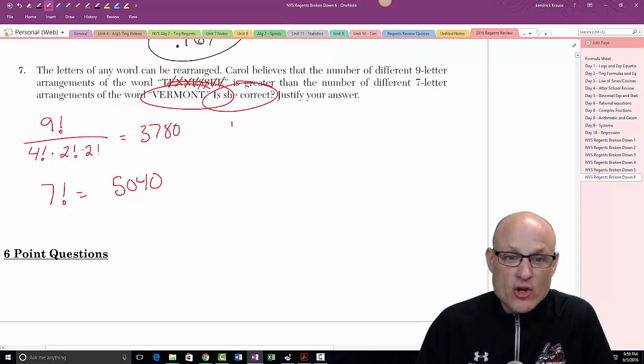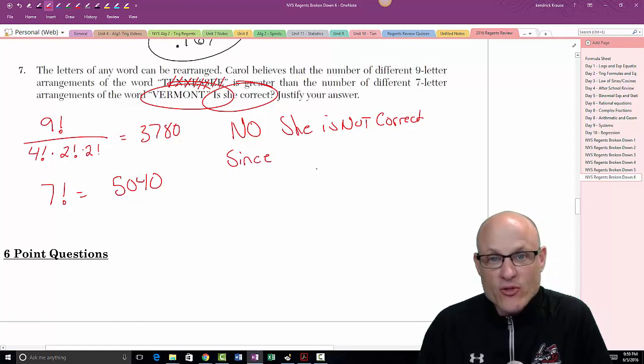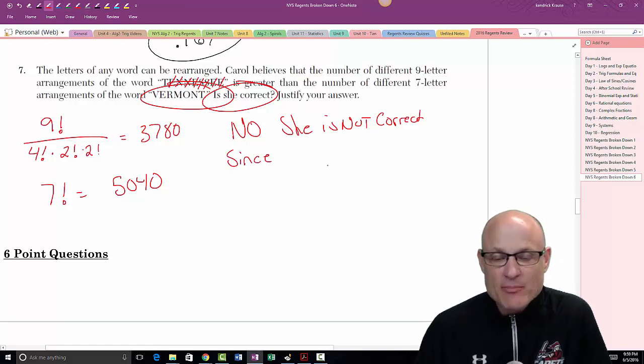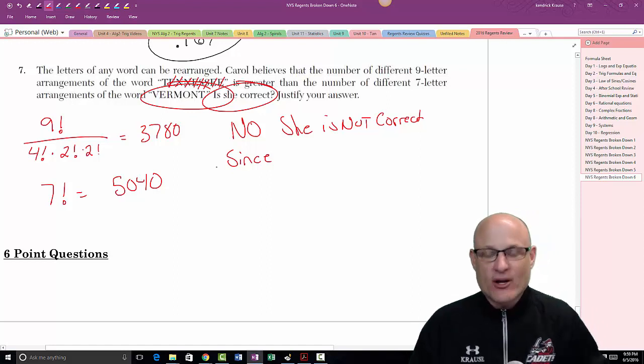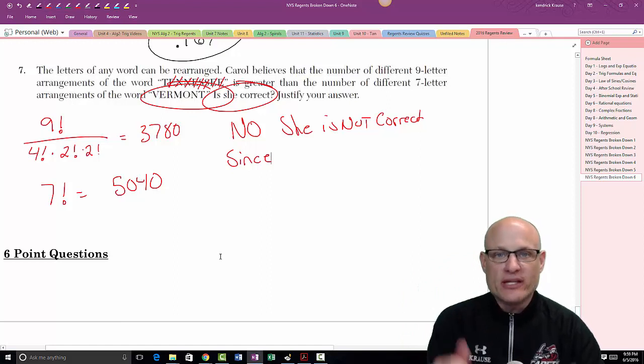So you say, no, she is not correct, since Tennessee has 3,780 possibilities, while Vermont has 5,040. Write a nice sentence on there, explain your math a little bit, and you'll be golden.